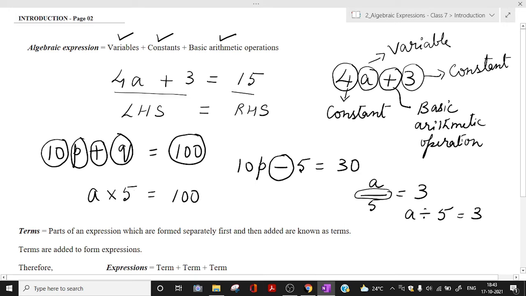In this case also, we have a variable, we have constants, and we have a basic arithmetic operation. So what is an algebraic expression made up of? It is made up of variables plus constants and basic arithmetic operations. I hope this part is clear.